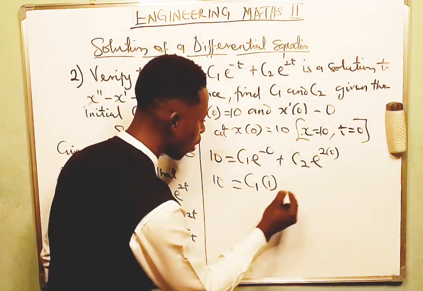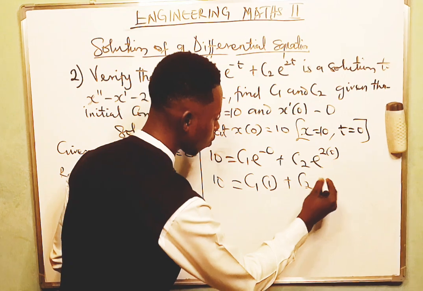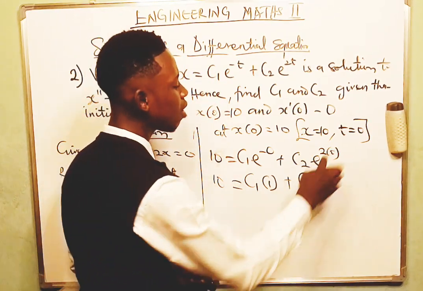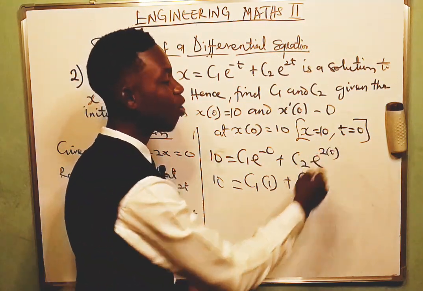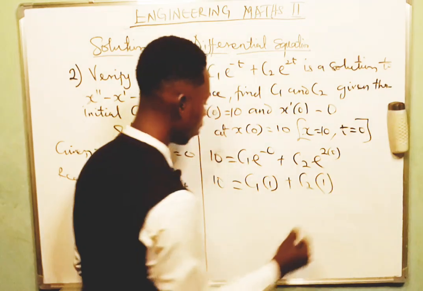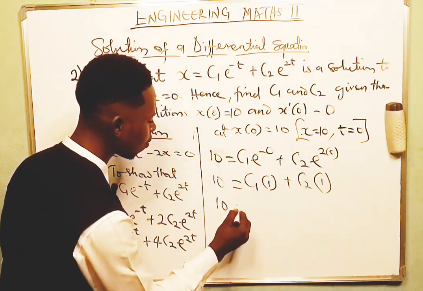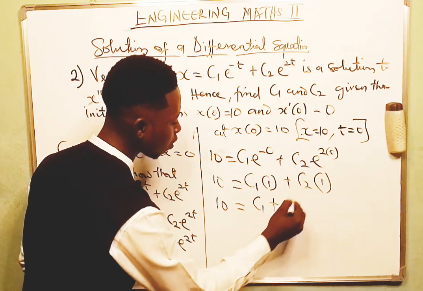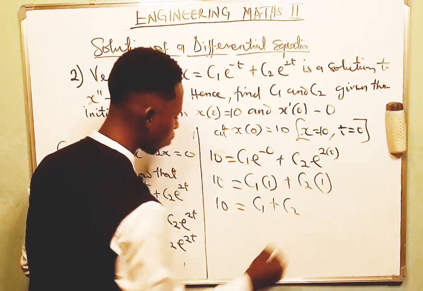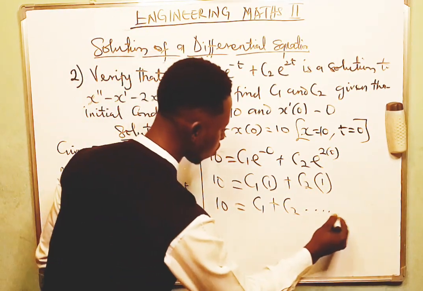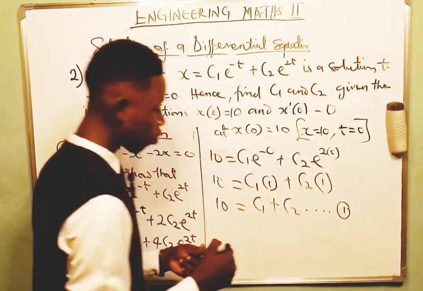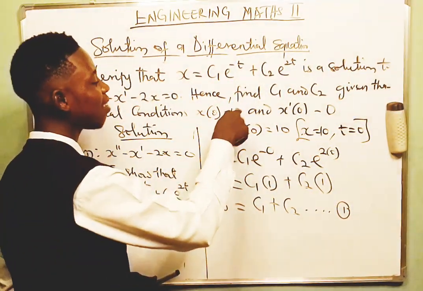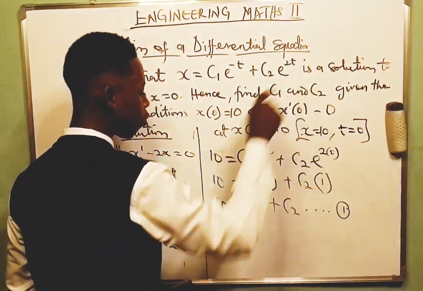So we have 1 plus C2. 2 times 0 will give me 0. Exponential 0 will give me 1. Therefore, we have 10 equal to C1 times 1 gives us C1, plus C2 times 1 gives us C2. Now, let us call this equation 1 to find our C1 and C2.